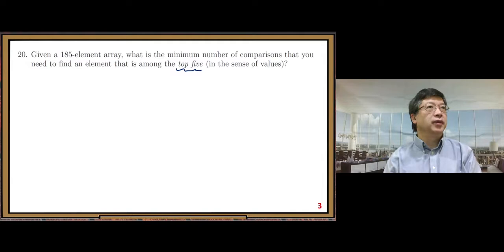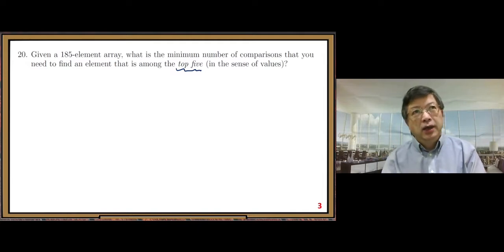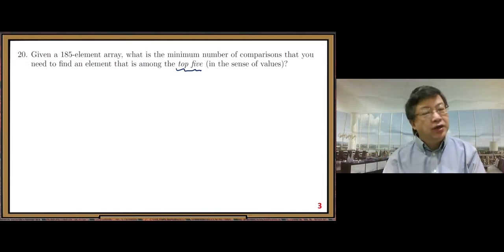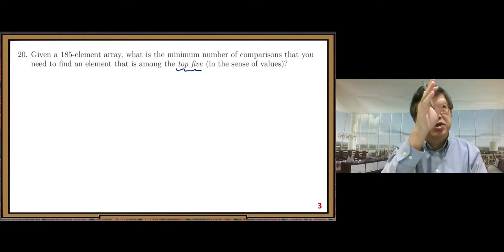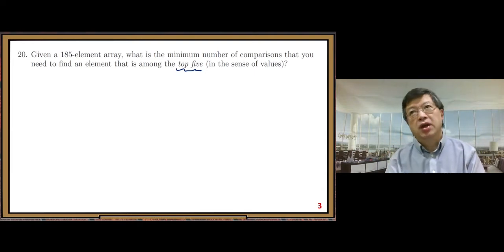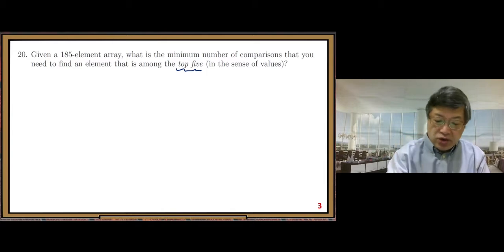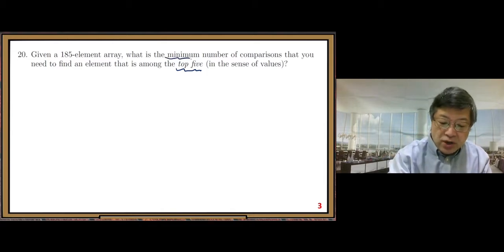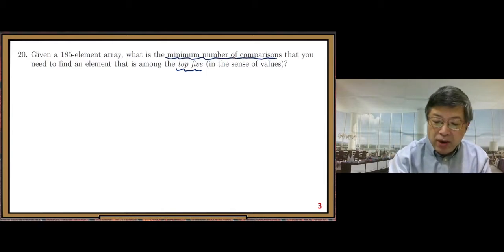That's the meaning. But here we cannot sort, because in that case we need to use too many comparisons. Here we just want to use the minimum number of comparisons.